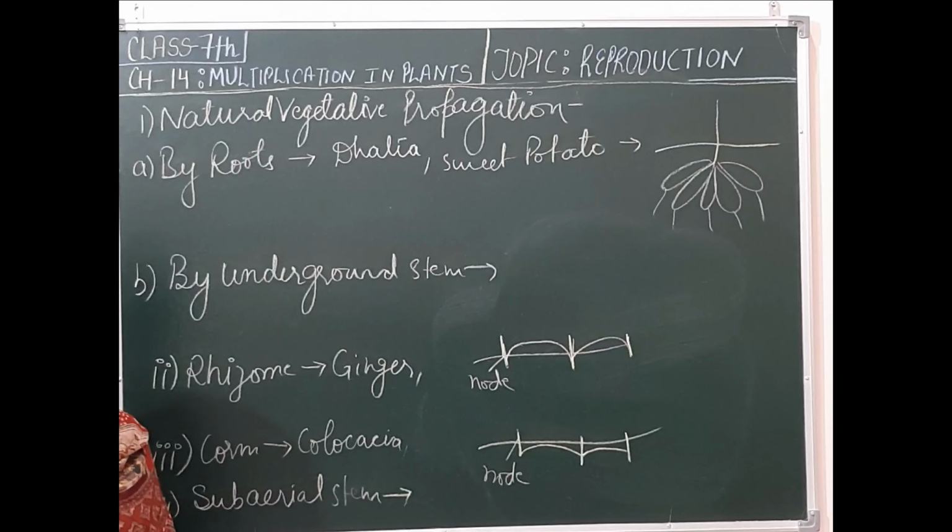The last process in natural vegetative propagation is by adventitious buds on the leaves.